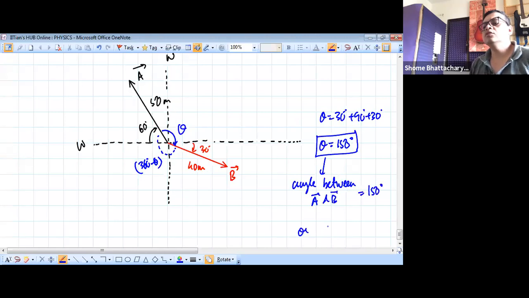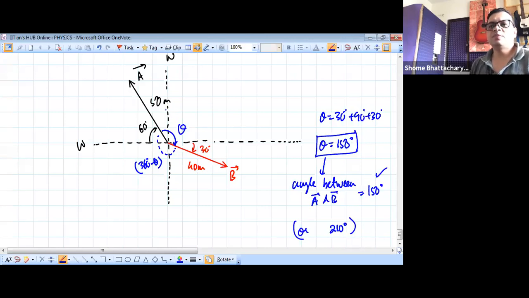Or it is also 210 degrees. But generally we specify the smaller of the two angles. When we just talk about the angle between the two vectors, we say like this.